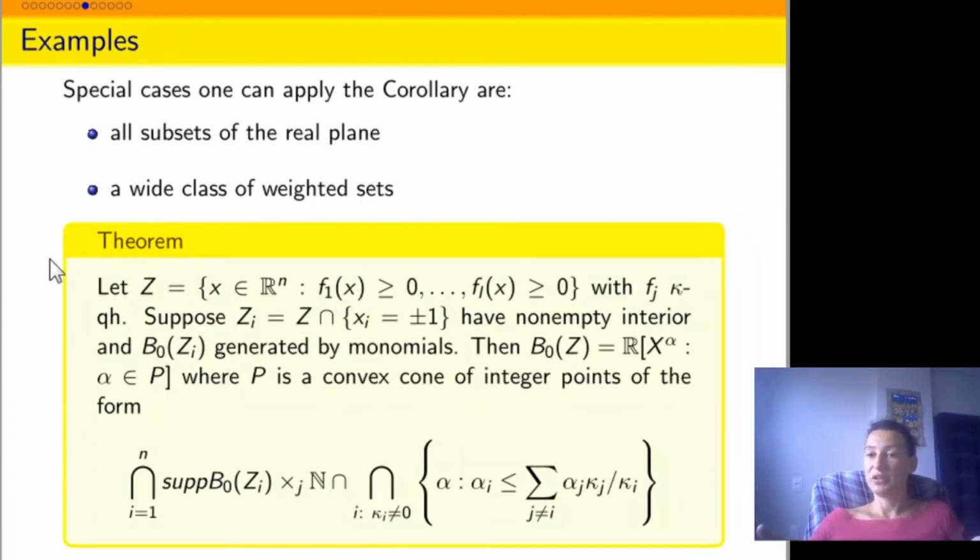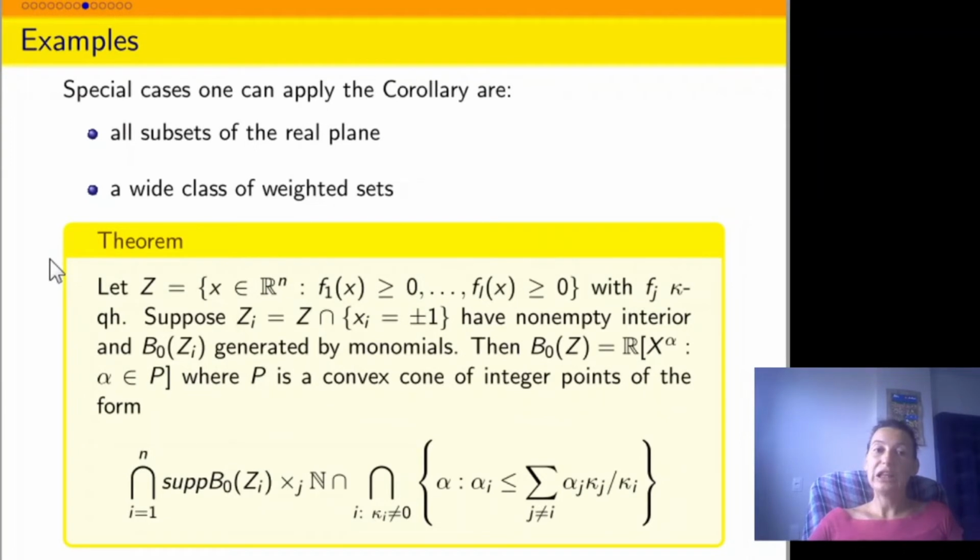Suppose they have non-empty interior, so again we're at the fat option. But here it doesn't have to be fat, because whenever we have non-empty interior, the interior is going to dominate the inequalities. And suppose that the P0 of Zi, meaning the algebra of bounded polynomials on Zi, is generated by monomials.